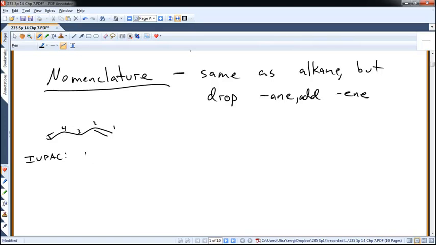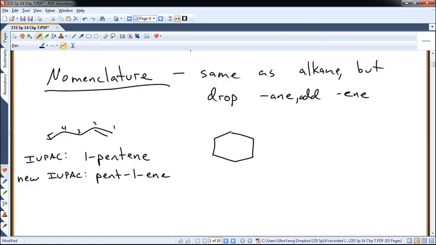The old IUPAC system would call this 1-pentene. But the new IUPAC system, which I actually prefer, although I will accept either answer on a quiz or exam, would be pent-1-ene, because the ene, which is the alkene, is at the 1 position. It starts at the 1 position. And that's why I like the new system a little bit better.